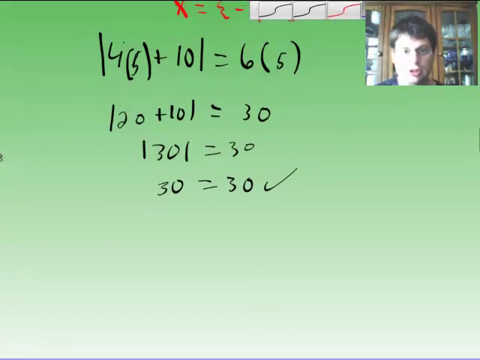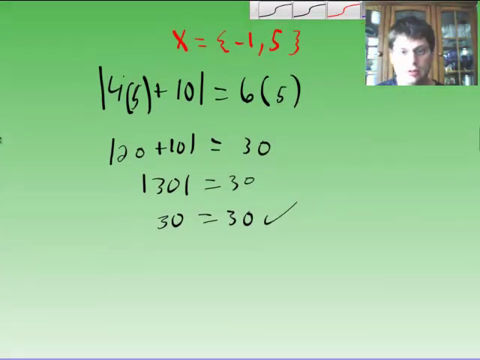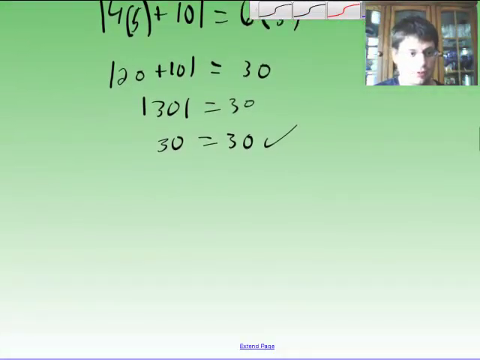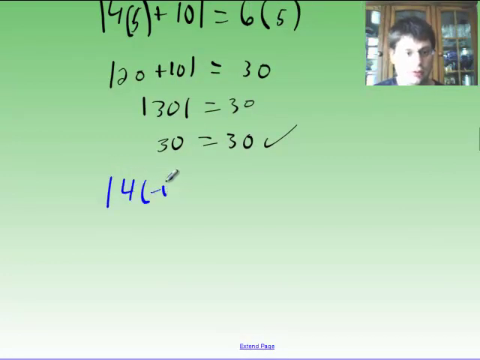All right, let's try the other term, which was negative 1. So we'll say the absolute value of 4 times negative 1 plus 10 is equal to 6 times negative 1.